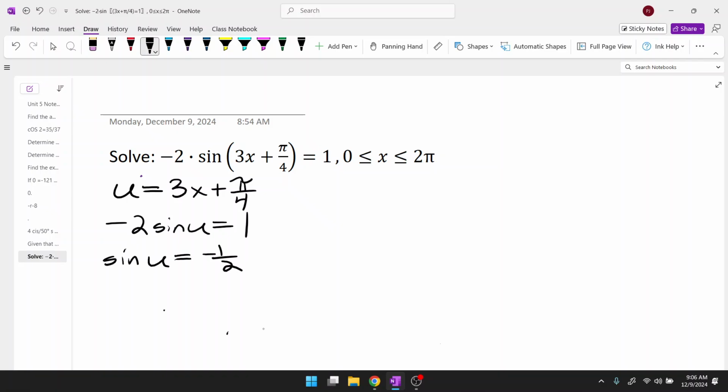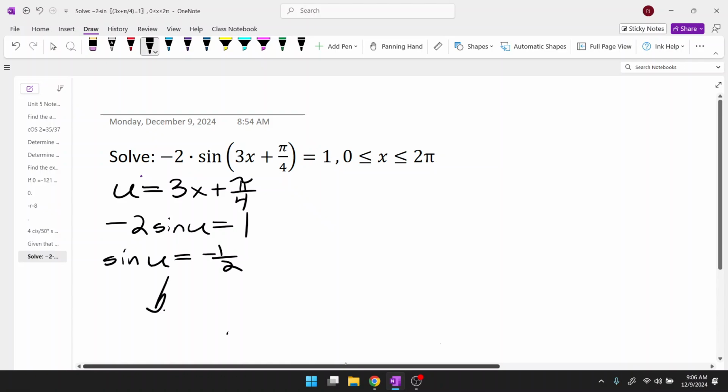And that's going to be basically, so yeah, where is the sine going to be negative 1/2 at? What are the two values of u for which that's going to happen? What's that? 7 pi over 6, and what else? Yep.